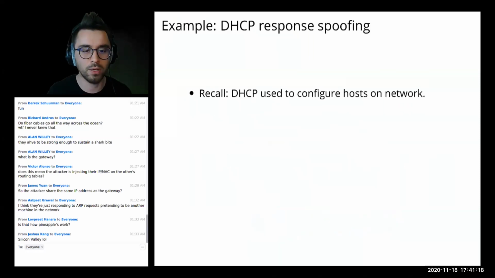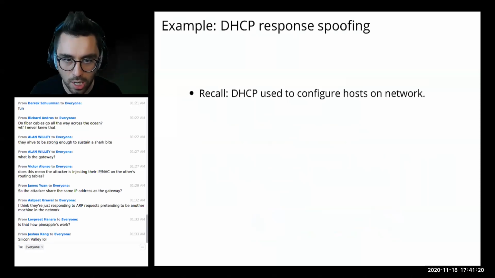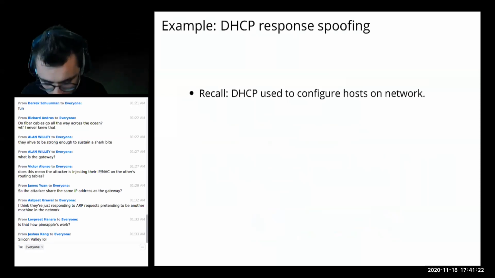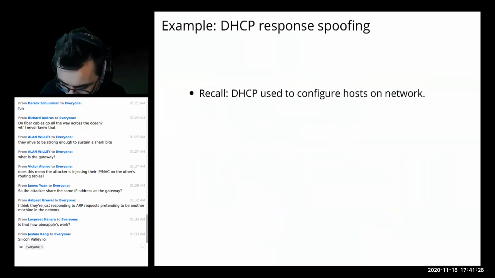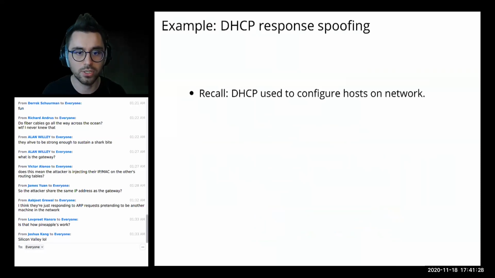Okay, so what might be one of those attacks? Well, one of those attacks is on the DHCP protocol, right? If you remember, the DHCP protocol is used to configure hosts on a network. So this is when I connect to my coffee shop network.